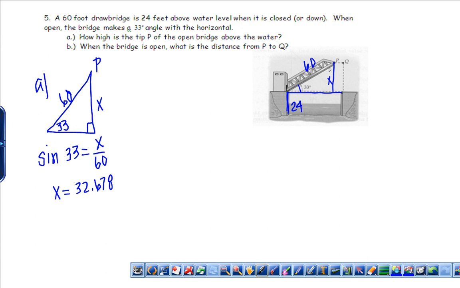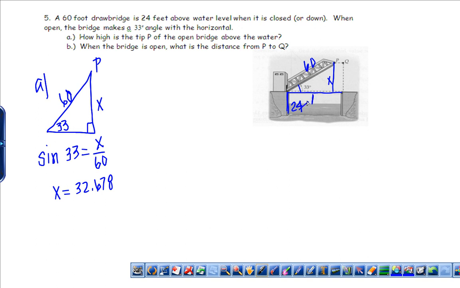Okay. Well, it says P above the water. Well, P is up here, and above the water, let's see, 24 is only, I lied about that. 24 is only this right here. Oh, wait. 24 feet above the water level when it is closed. So, really, that's not 24.